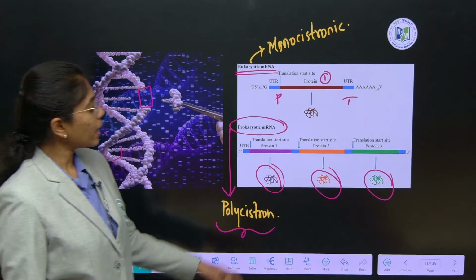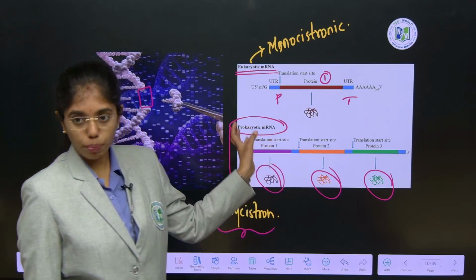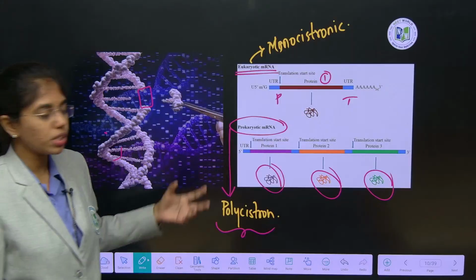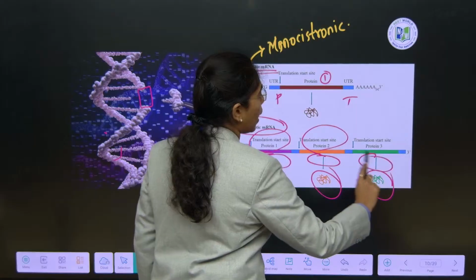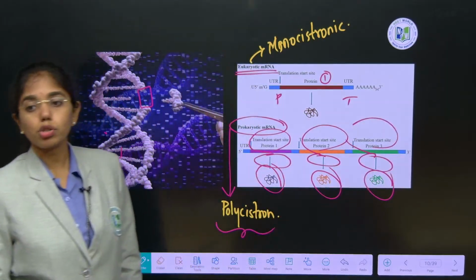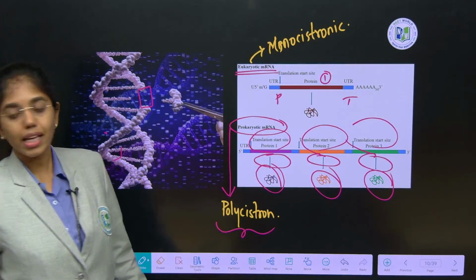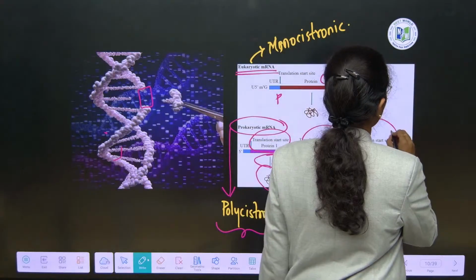Here, for each structural gene on the mRNA before the translation process, the ribosome will come and bind, right? The mRNA with multiple ribosomes attached to it is known as the polysome or polyribosome condition.